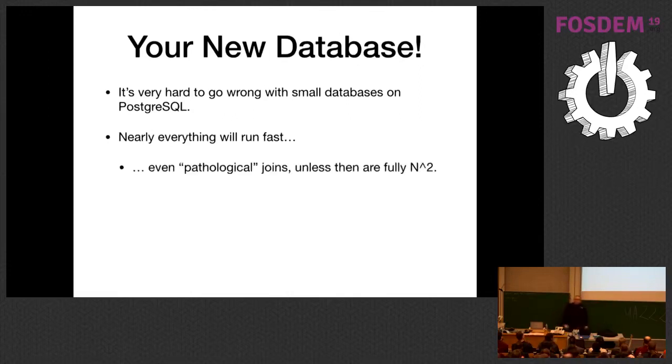Even these pathological joins where you have multiple join arms, unless you're doing a cross join across the entire database, so you're doing n squared on a few million rows, everything's going to run fast. The stock postgresql.conf will work fine. You don't actually have to change anything in it. You may want to, but you don't have to.